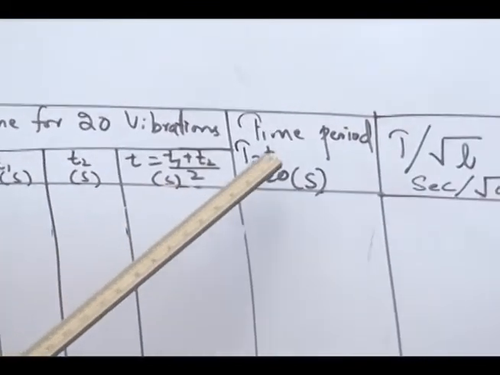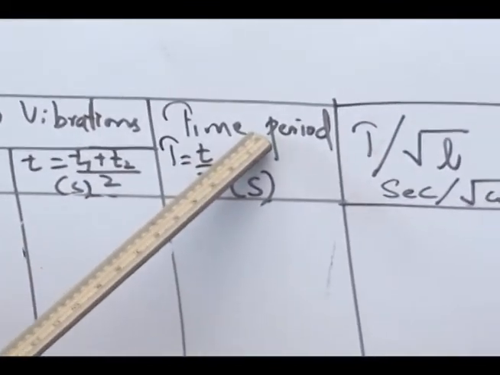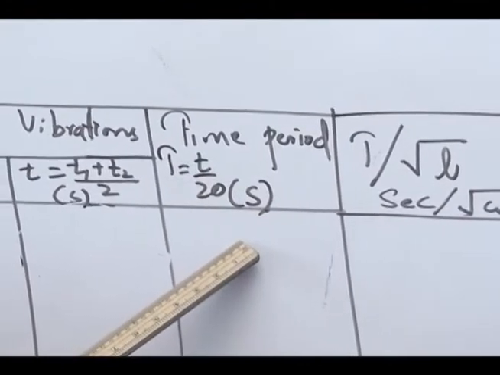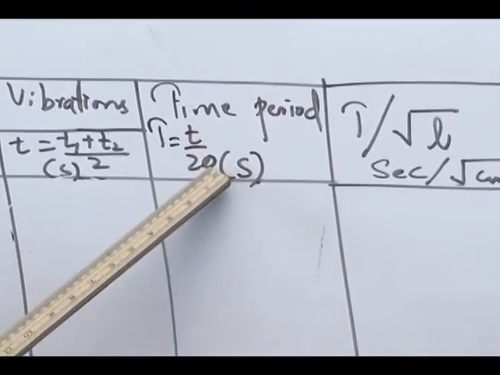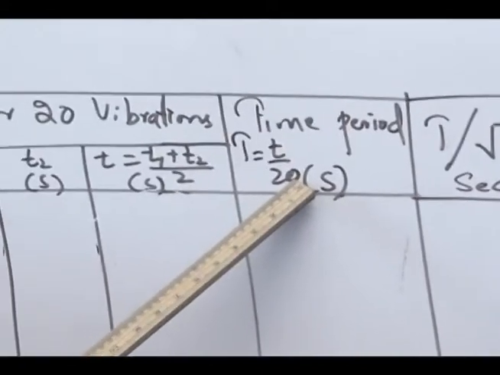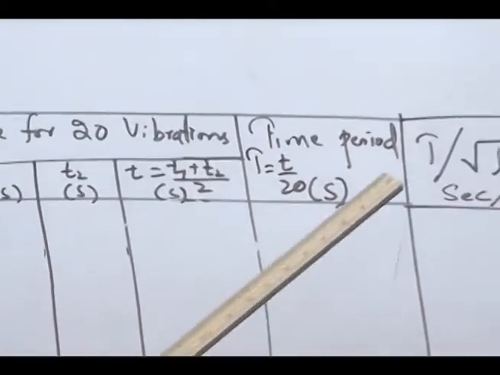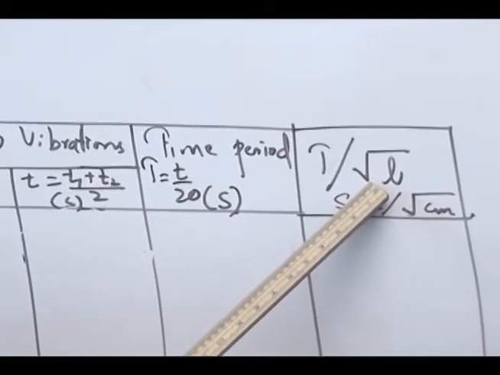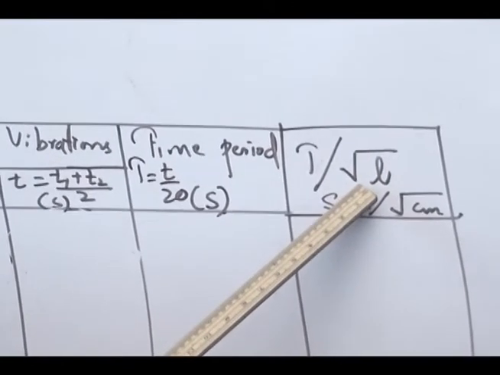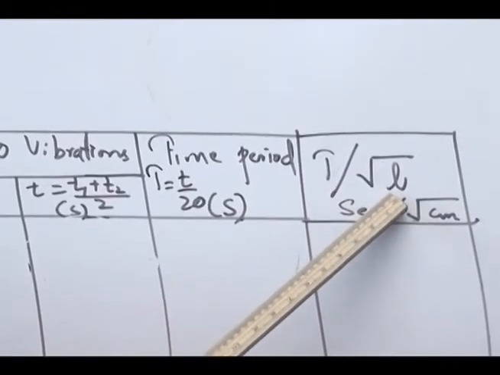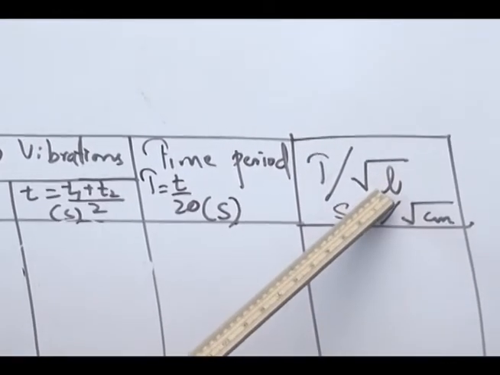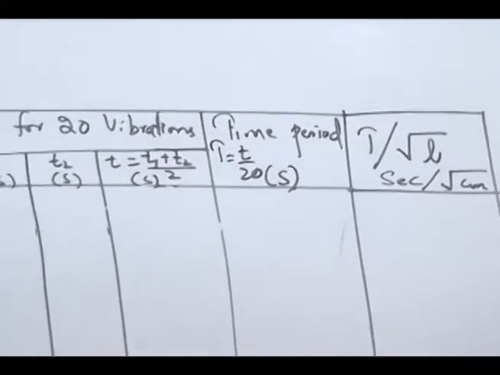Using this data, we can find the time period of the simple pendulum, T, as the mean time divided by the number of vibrations, 20. In the end we will calculate the time period divided by the square root of length.